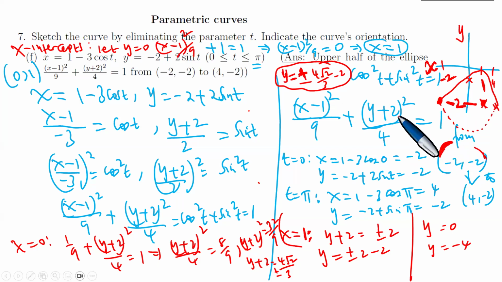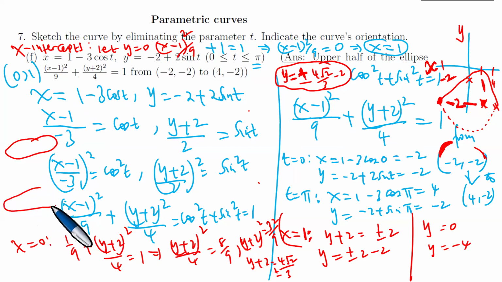So now let us reason this together. We agree that because of this x, it's going to have a bigger axis, and then the y is going to be small. So it's going to have this kind of shape, like an egg that is lying down, but it's going to be traversed from -2 to 4 -2.